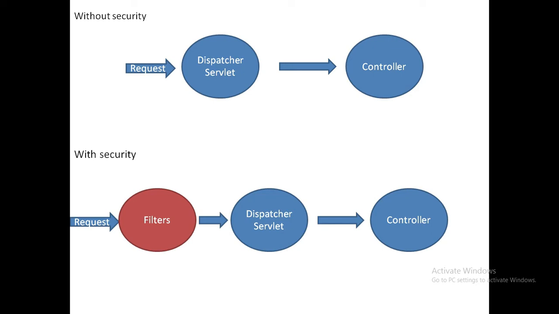So the basic difference between the secured application and the application without security is the filters. Any request will go to the filter first, and whatever validation we have applied will be checked, and if it validates, only then does the request go to the dispatcher servlet, and from there to the controller.